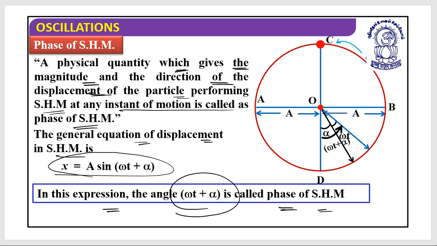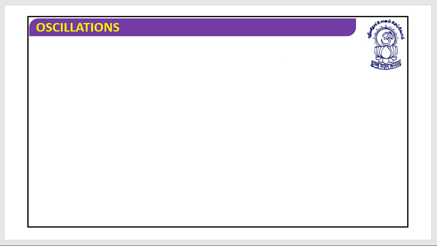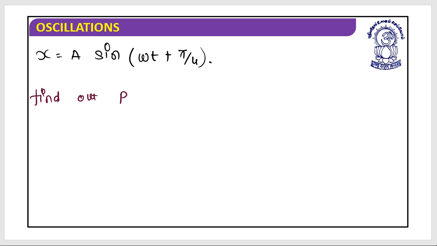Yes. So let's suppose the situation is something like this, that x equals A sine omega t plus pi by 4, and I have been asked to find out the phase of SHM.